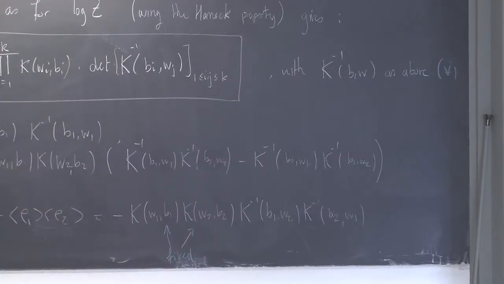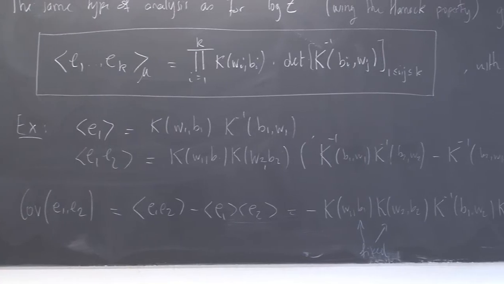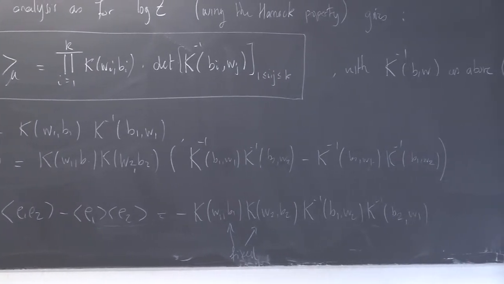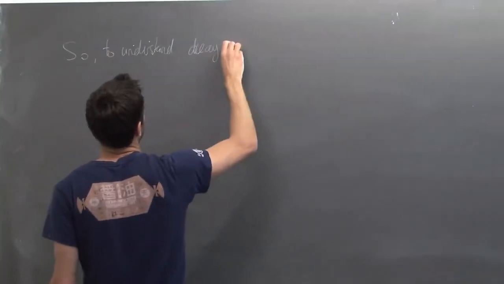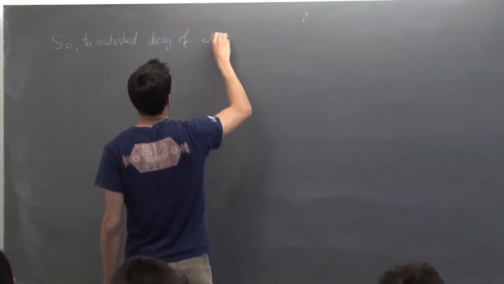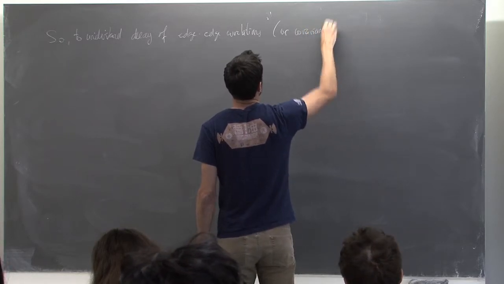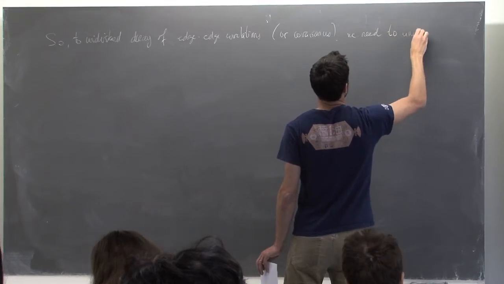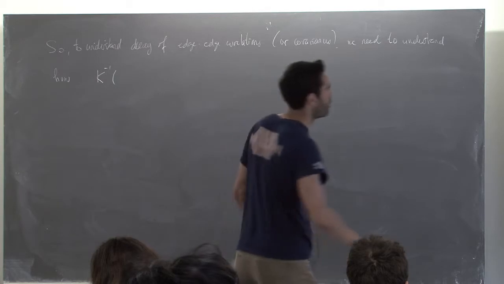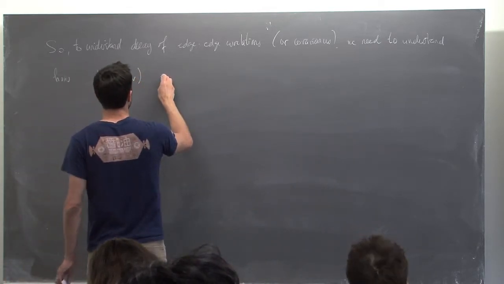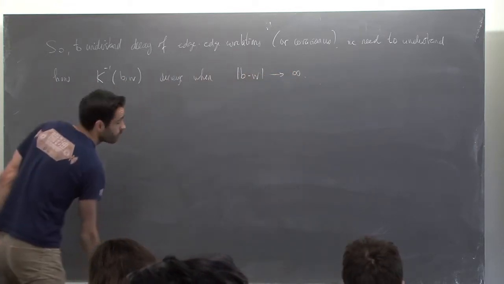So to understand decay of edge-edge correlations, or of covariances, we need to understand how K inverse of BW decays when the distance here goes to infinity.